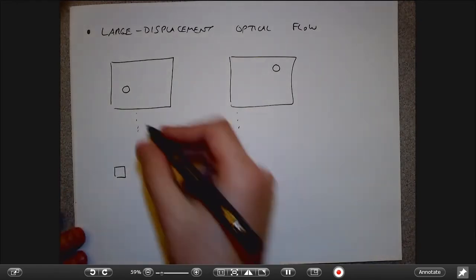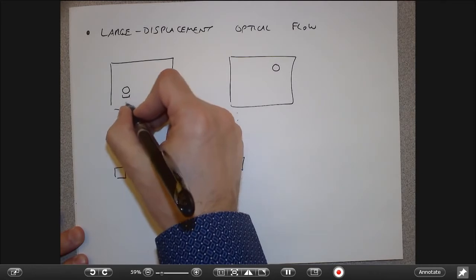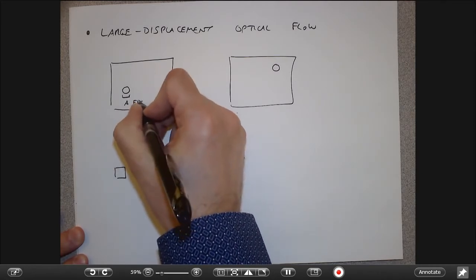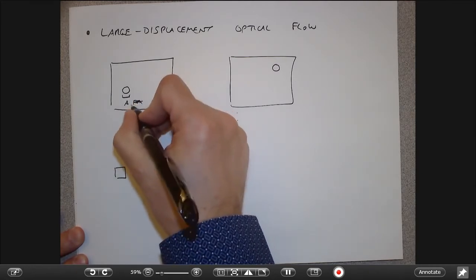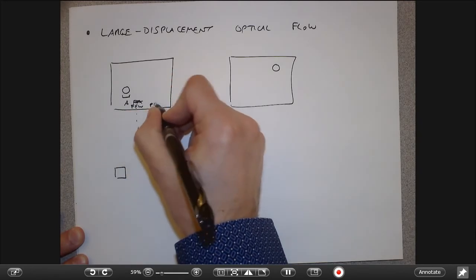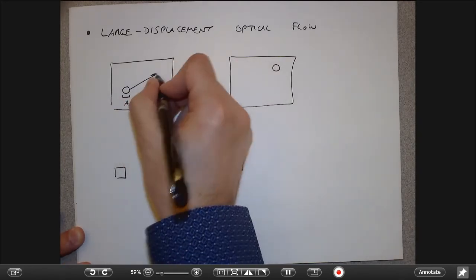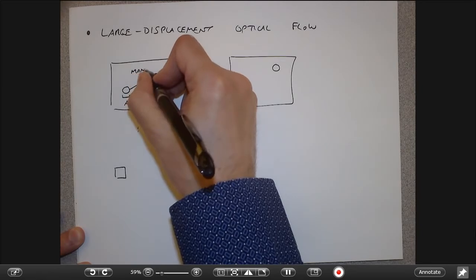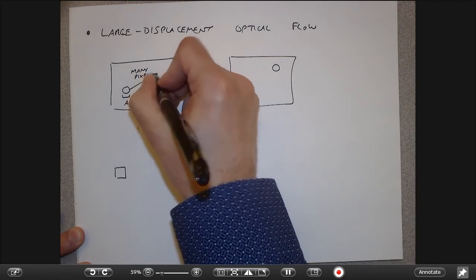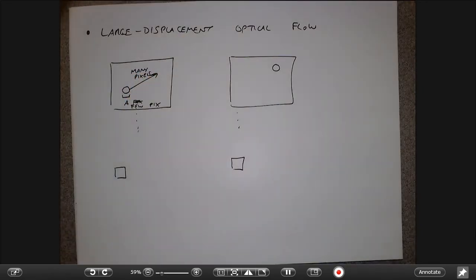So the problem occurs when, I'm mixing up my things. What I want to say is I have a few pixels here, but this vector is many pixels. Because I know that to estimate motions that are many, many pixels long, I have to have something along the lines of this hierarchical method where I build that long motion vector out of a bunch of smaller motion vectors that I saw at lower levels of the pyramid.